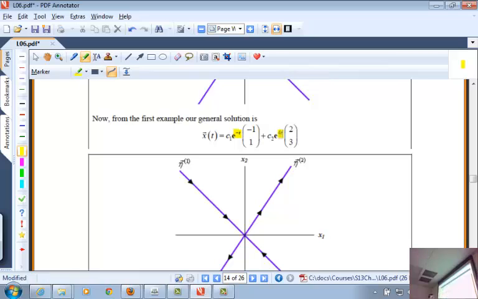So this is an attractor. If the initial condition starts on that, it will be attractive, and this is a repeller. That's one of the simplest dynamical responses that you can have. Of course, if both are negative, then both are attractors, then you have a stable steady state. But this would be an unstable steady state.